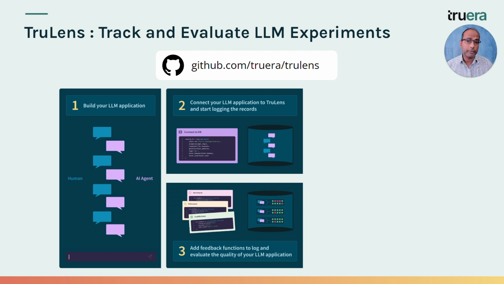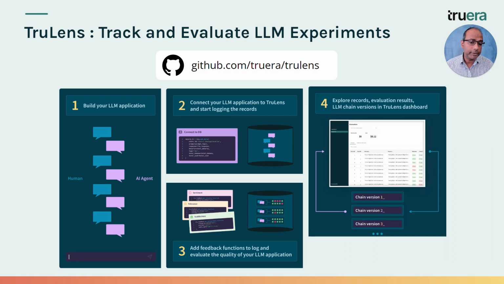And in addition, you can add feedback functions to log and evaluate the quality of your LLM applications. So this is a new piece of technology abstraction that we have introduced in TruLens that allows you to evaluate LLM applications systematically, and it's extensible, so you can add your own feedback functions based on your use cases.